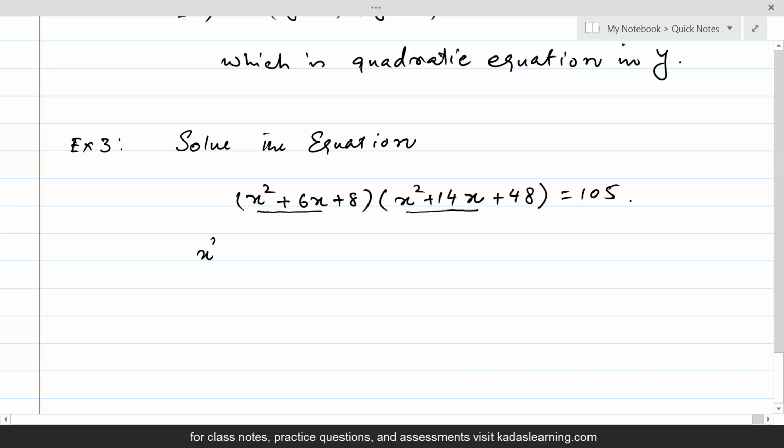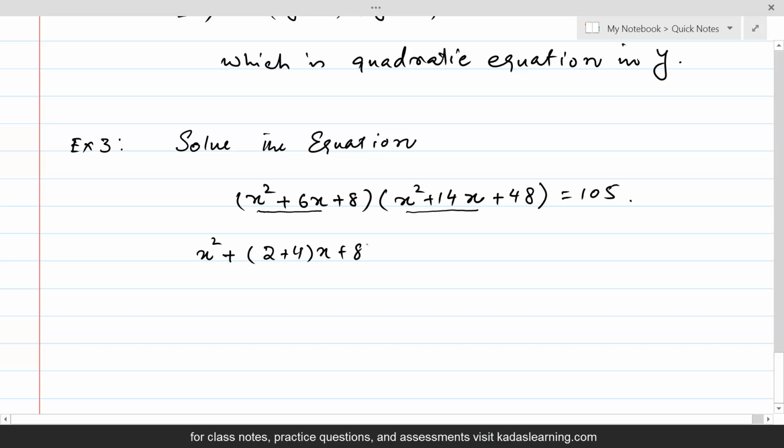For factorization, this would be x² plus, because a is 1 in the first one and c is 8 and their product is plus 8. So we should find two such factors of 8 whose sum is equal to 6, which is 2 plus 4.